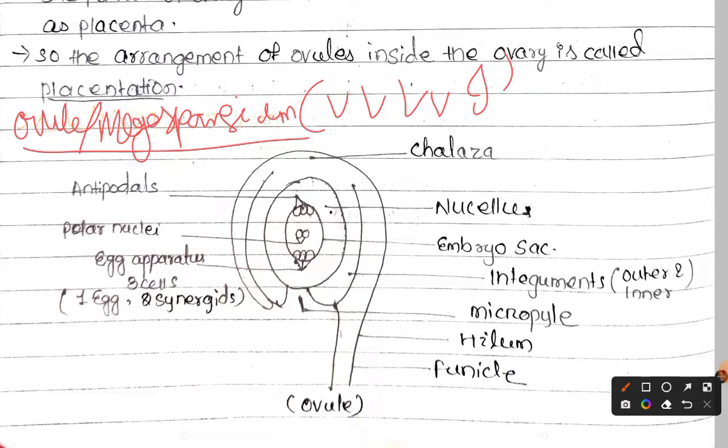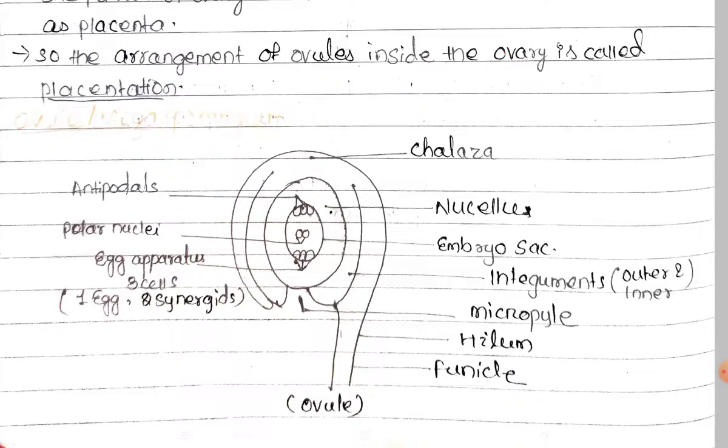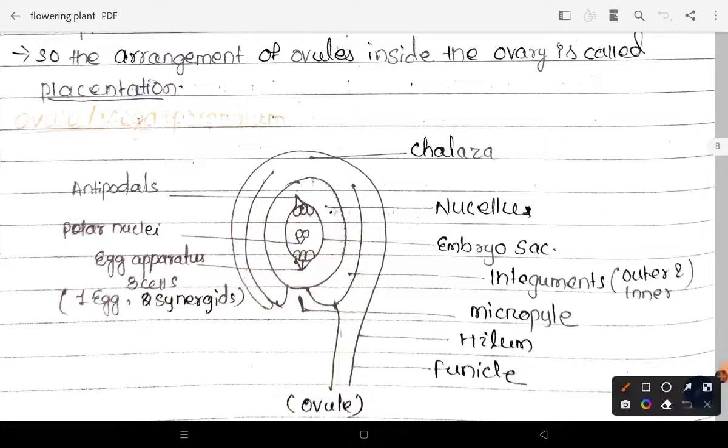The ovule has two parts: the basal part known as stalk, and the upper part known as body. The stalk of the ovule is known as funicle.